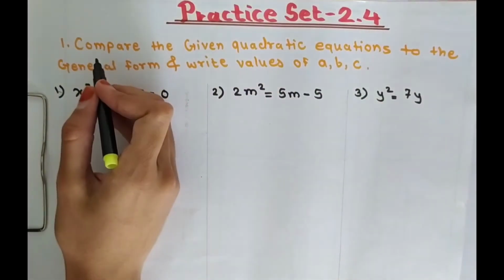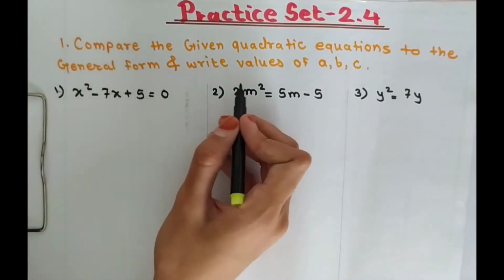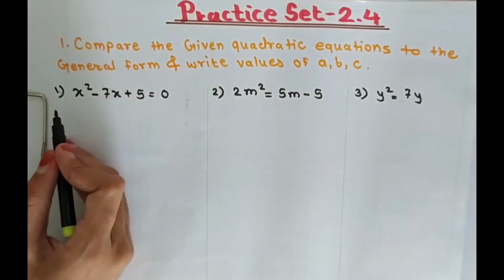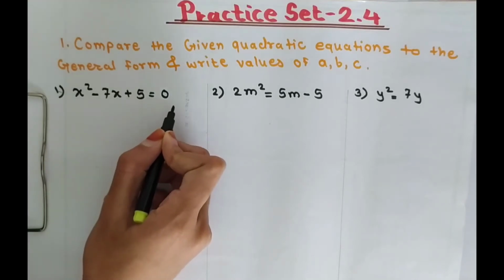Practice set 2.4, question number 1. Compare the given quadratic equation to the general form and write the values of a, b, c. Now here the first equation is x square minus 7x plus 5 is equal to 0.